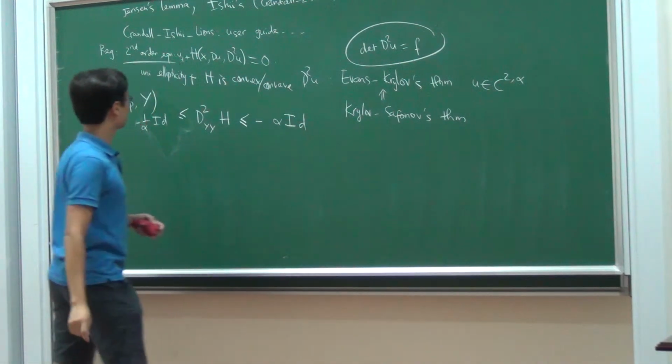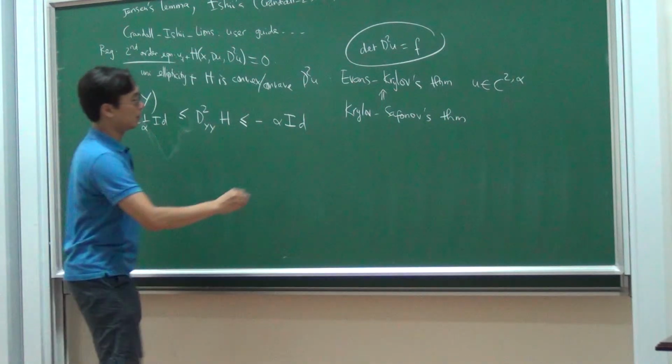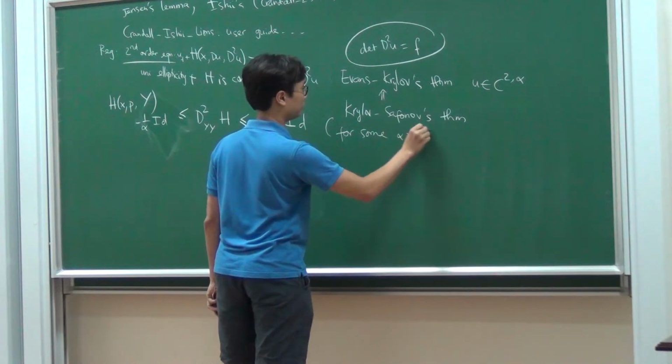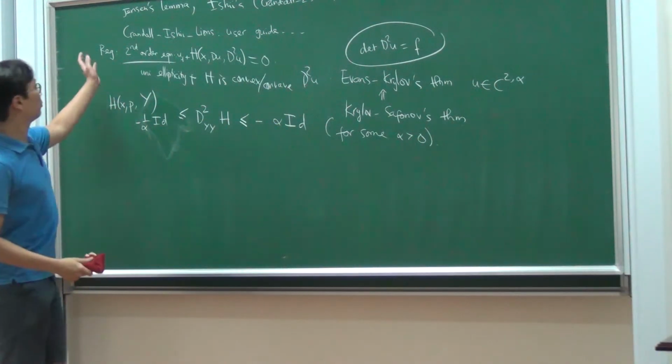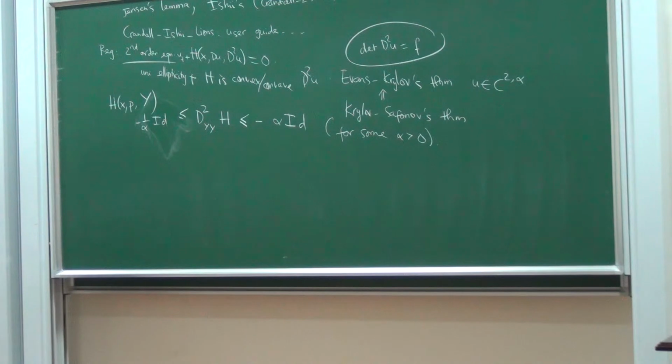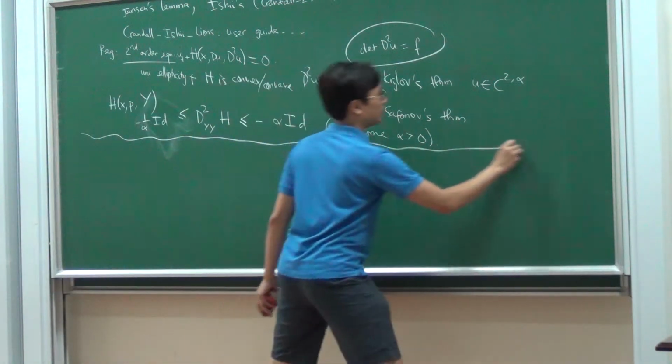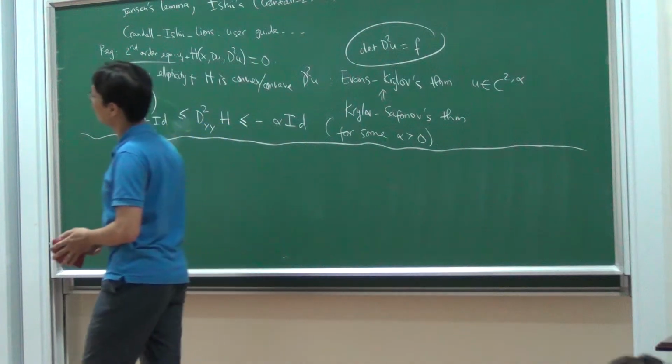There's a matrix between that, for some alpha greater than 0. And if you want to read about this, there's a book by Caffarelli and Cabré, but there are also a lot of other results. Let's just review the literature.